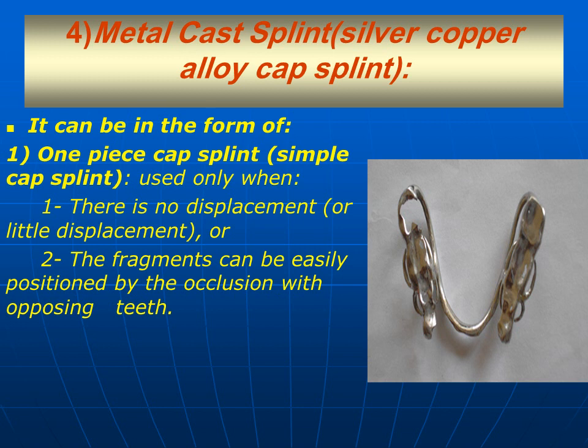Meaning that before I make it, I must return the relation to normal. There is no displacement, fine. If there is displacement, I will depend on the opposing occlusion: I will make a sawing of the cast at the area of displacement, then return it again guided by the opposing occlusion in the proper occlusion, fix it with the sticky wax and do a base for the cast. Therefore the cast is constructed to be in the normal relation with no displacement.